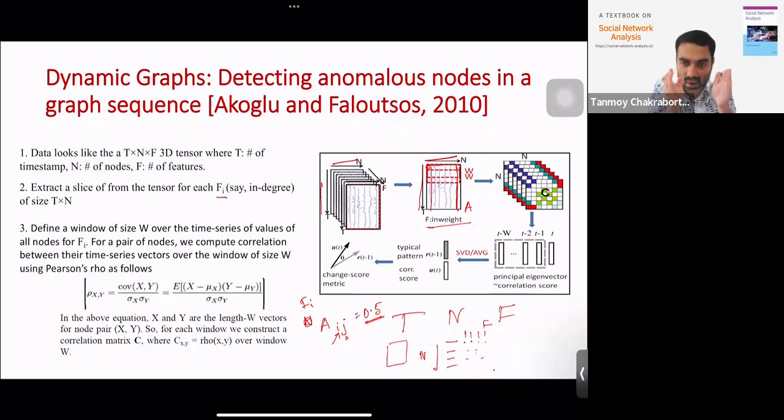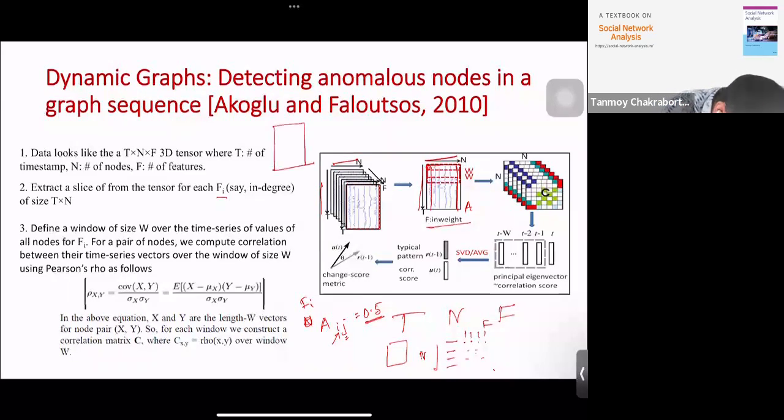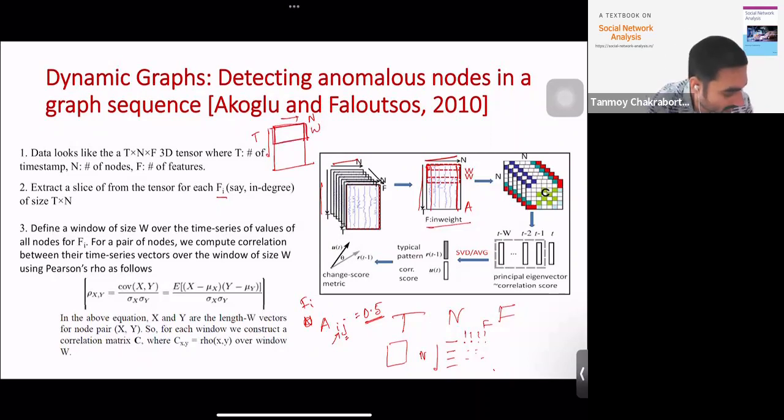Let's assume that the window size is W. In this n cross T matrix, you have one window of size W. You can basically slide this window W. So you have this window, then you move it one step further, move it another step further, and so on and so on.